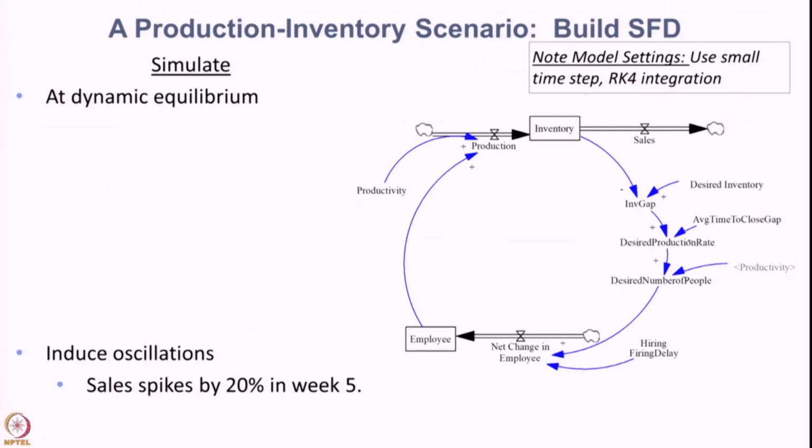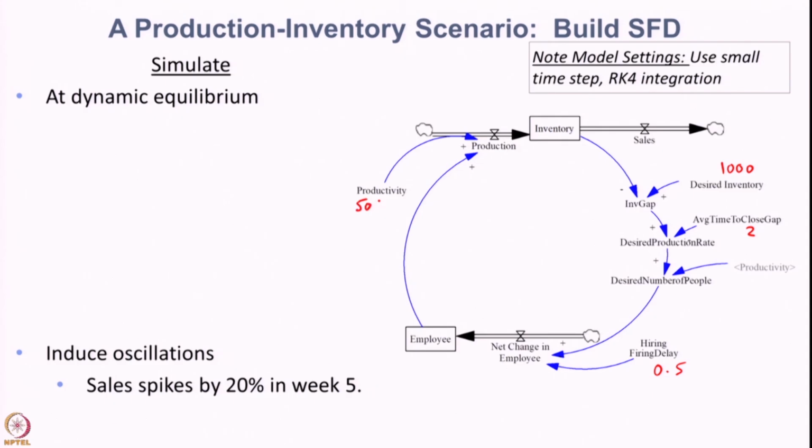So, to do that, remember the only values that have been explicitly given are: desired inventory is 1000, time to close gap is 2 months, hiring and firing delay is 0.5 month, and productivity is 50 dolls per person, right.